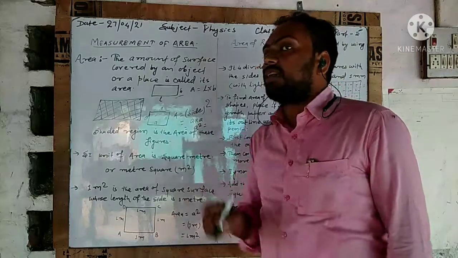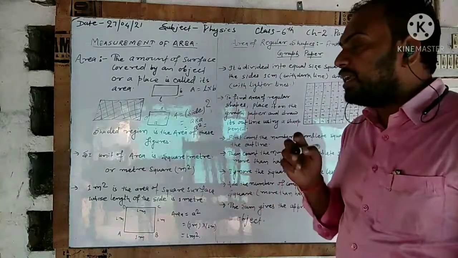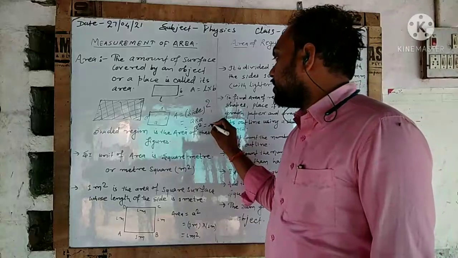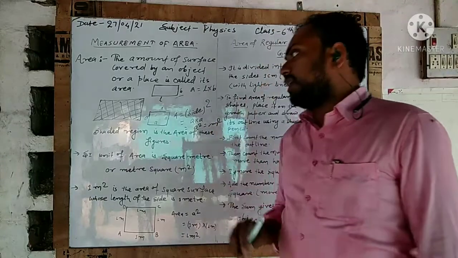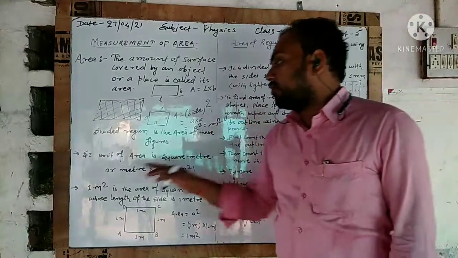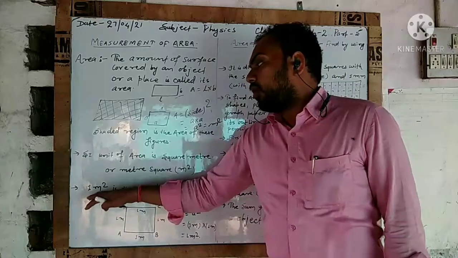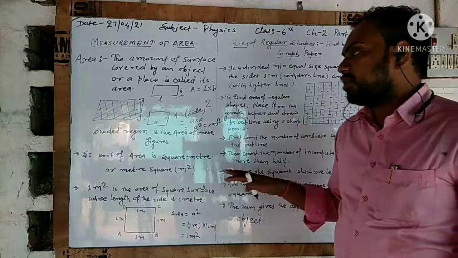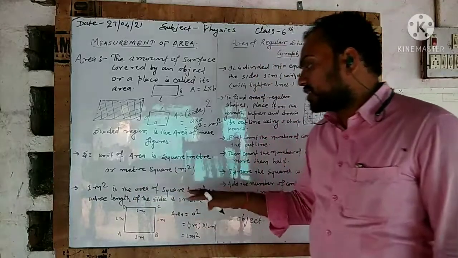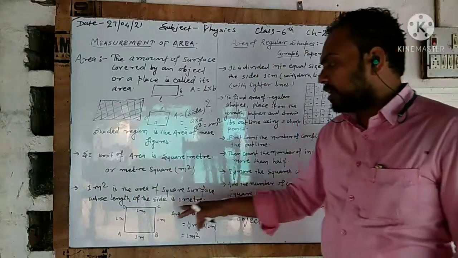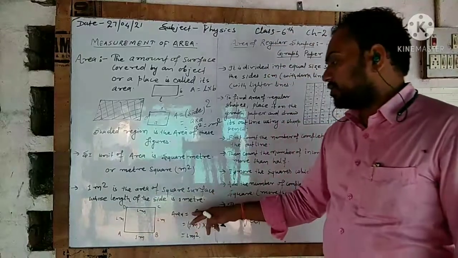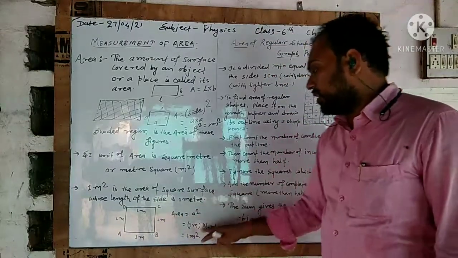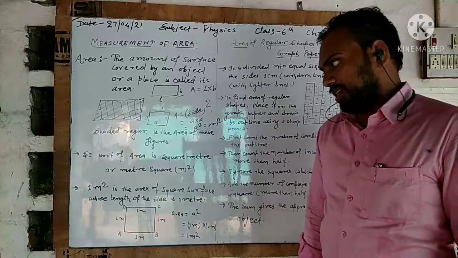If I say a is equal to 1 meter, then 1 meter square, listen, be careful, what is 1 meter square? 1 meter square is the area of a square surface whose side length is 1 meter. We know the area of a square is a square, so 1 meter into 1 meter becomes 1 meter square.